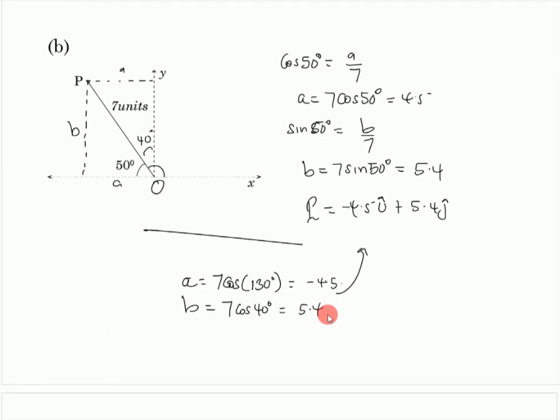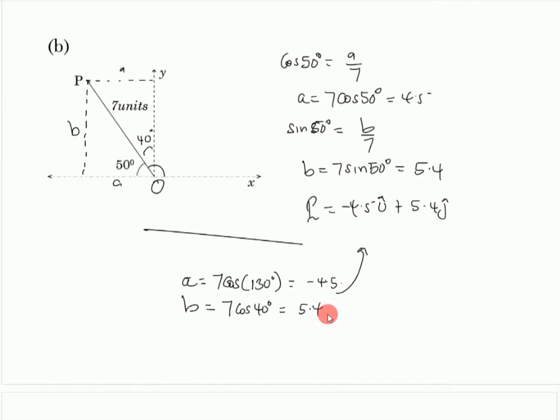Actually, we said the component of a vector along a particular direction can be got by getting the magnitude of the vector times the cosine of the angle between the vector and the intended direction. You are resolving 7 along the vertical. What is the angle between the line OP and the vertical?